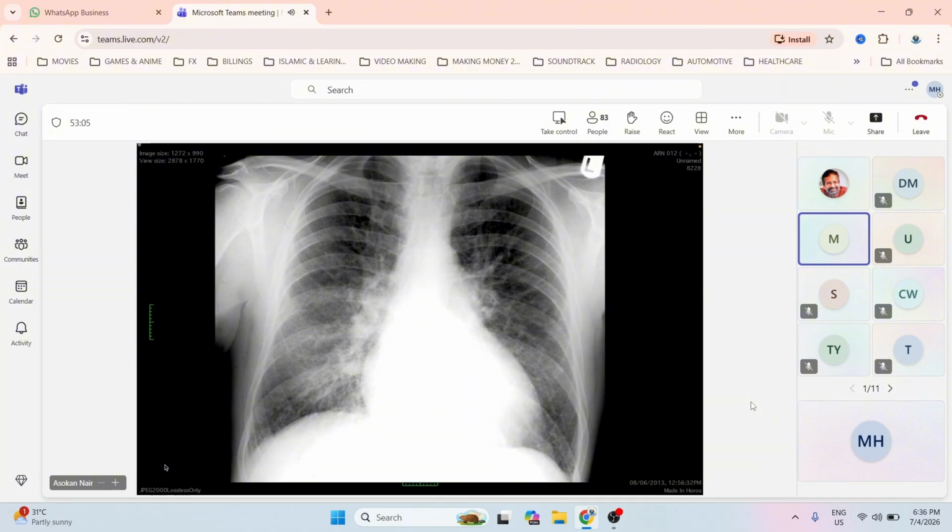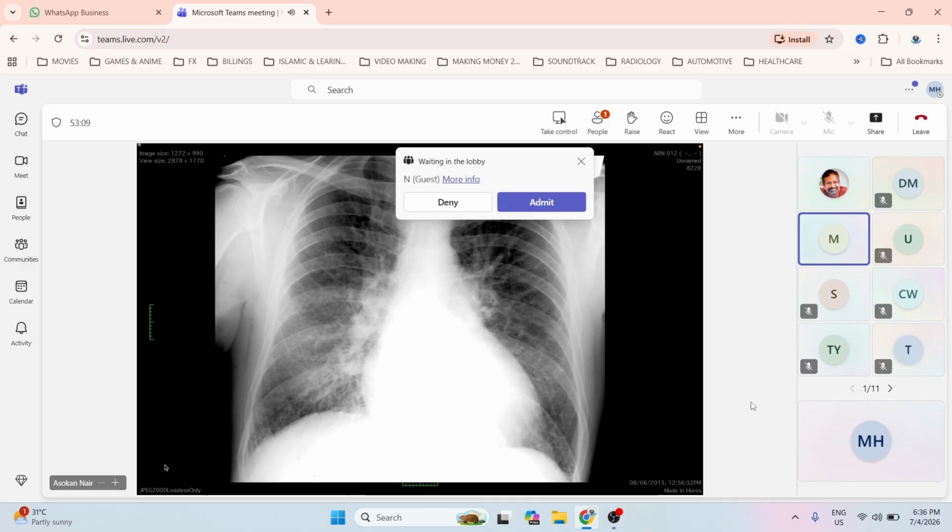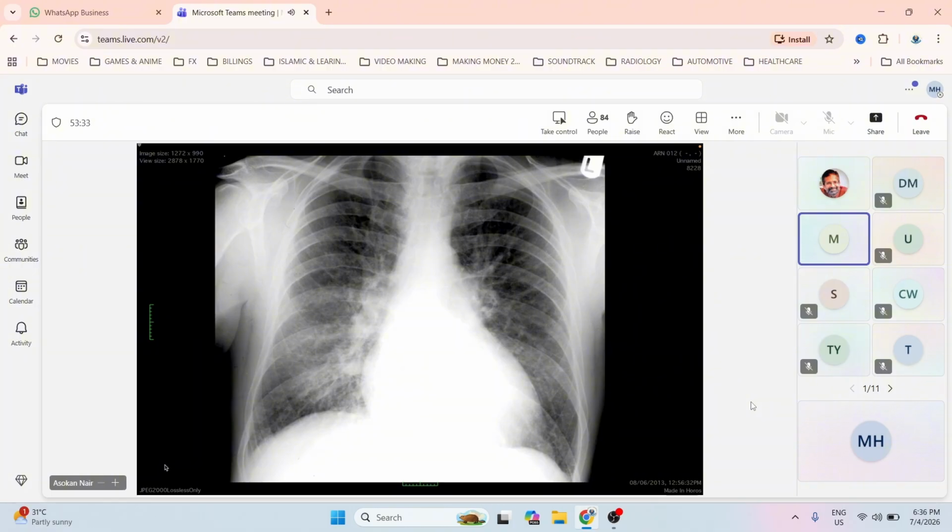This is a chest radiograph of an adult in frontal position. I can see that the heart is enlarged, and also there is opacity seen at both mid zones, reticular opacity, and there's also evidence of Kerley B lines at the periphery of the right lower zone and left lower zone.